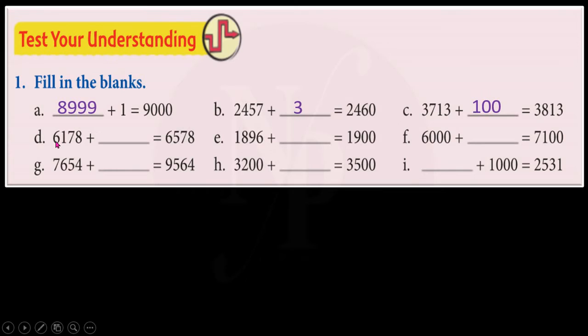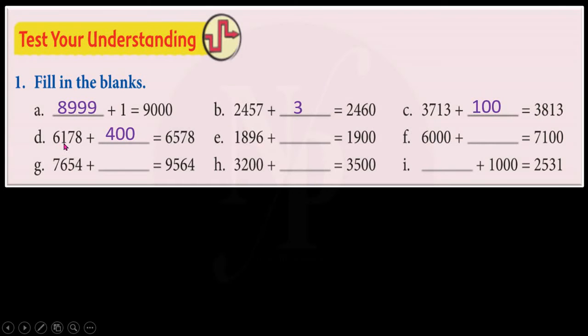So the only digit that is changing is the hundreds place digit. Here it is 1 and here we have 5. So on adding 400 to this given number, you will get 6,578. So you should write 400 here.